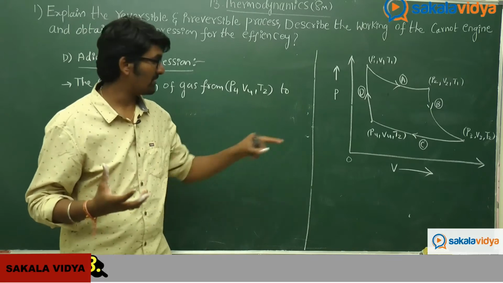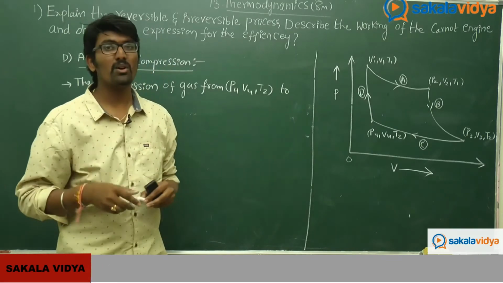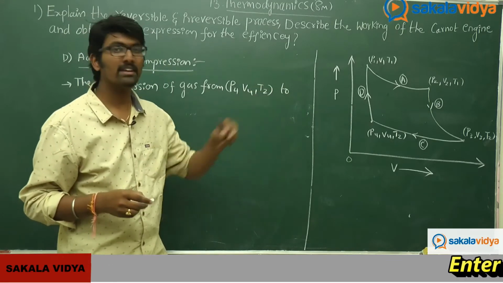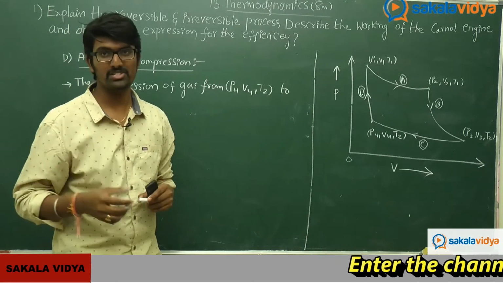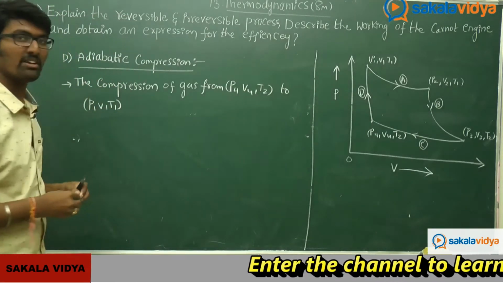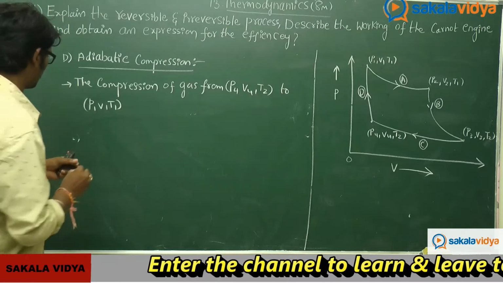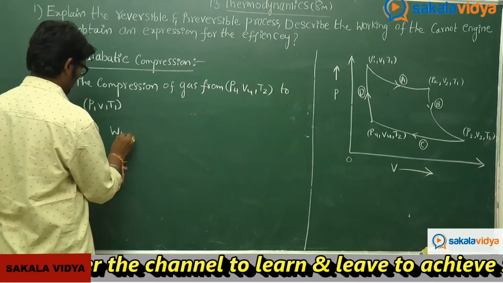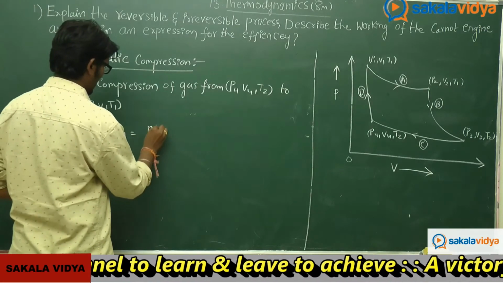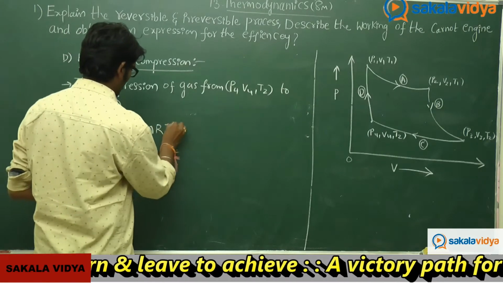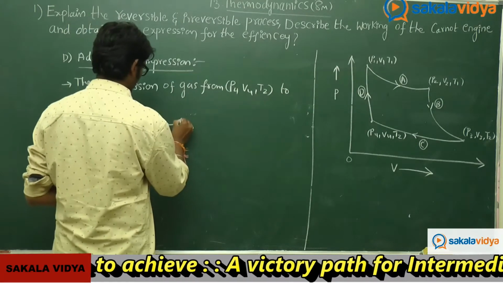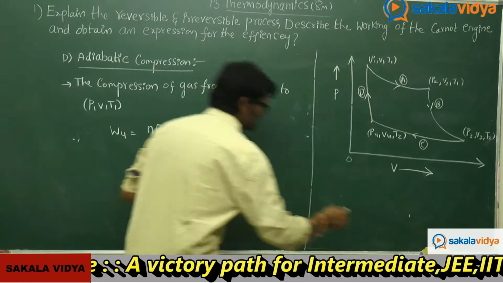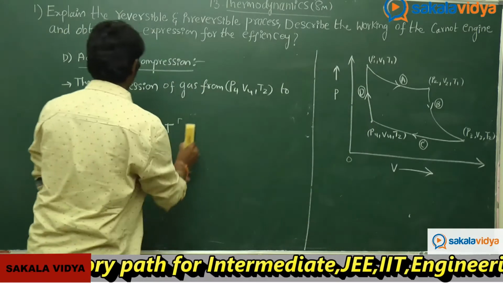From C to D is called the compression region, whereas from A to B is called the expansion region. So let us derive the formula for adiabatic compression. Work done W4 is equal to nRT, let me write the formula.